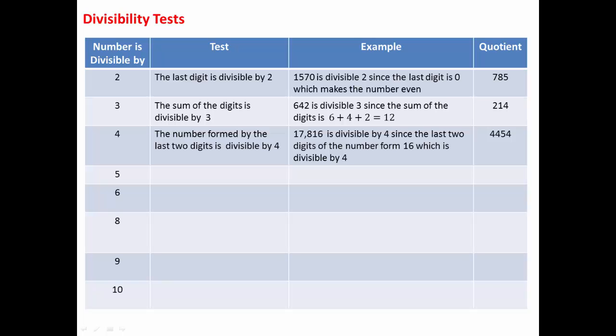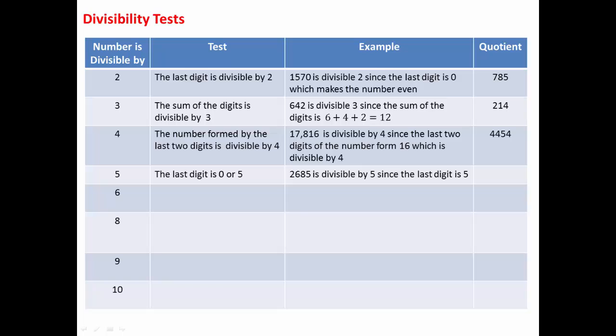A number is divisible by 5 if the last digit is 0 or 5. An example of this one, 2,685 is divisible by 5 since the last digit is 5. 2,685 divided by 5 gives us a quotient of 537.